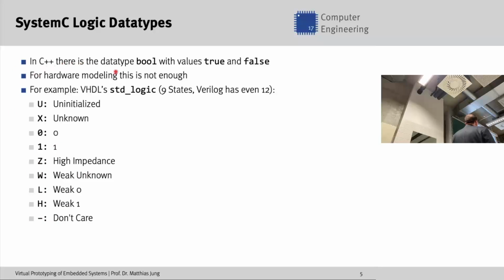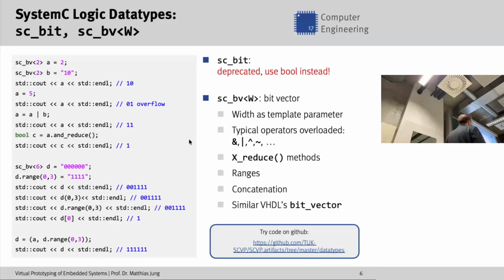So the C++ data types are not enough if you want to model hardware. Yeah? So we need something to express also unknown, uninitialized, or high impedance. And SystemC has something similar. There's a logic data type which is called SC-bit, but actually that's deprecated. We should use now bool. So this is just for logic data types.